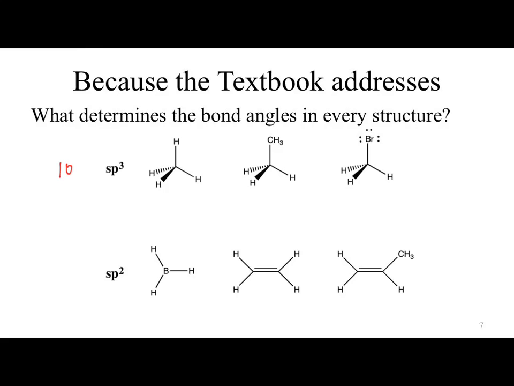We get 109.5. Okay, and this is pretty much everything I've told you, and it's all I really want you to know. Okay, well, we're going to look at a tweak here in just a second. What about the bottom structures? What's the hybridization there? sp2, which means our bond angle is 120. Where do those bond angles come from?